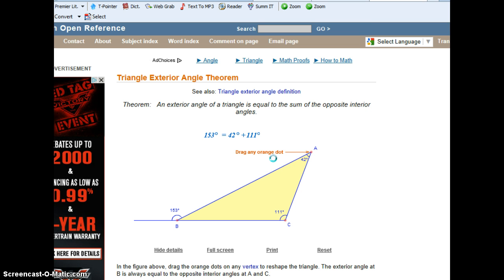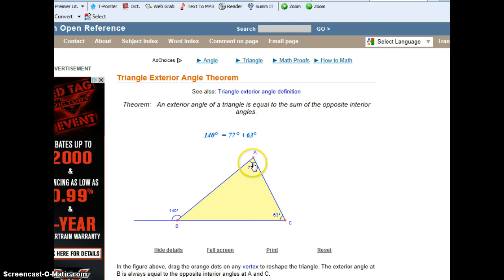Now, if you look at the relationship between those, I've got a 42-degree angle and a 111-degree angle. And when I add them up, I get my exterior angle, which is 153. So it seems like if we take our remote interior angles and add them up, we get our exterior angle. So again, the angles that are inside but far away from the angle. Well, let me move A around and see what happens.